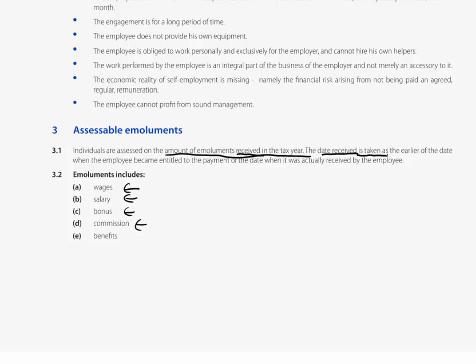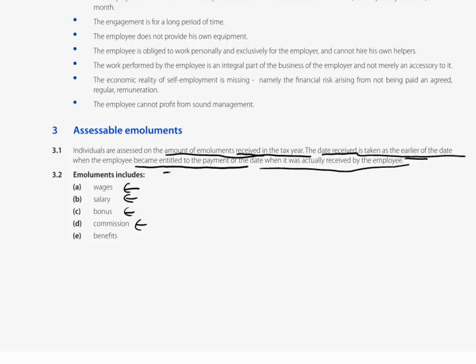But that date received is taken as the earlier of the date when the employee, now here's a new term coming through to us, became entitled to the payment, or indeed what we'd normally expect it to be, the date when it was actually received by the employee.